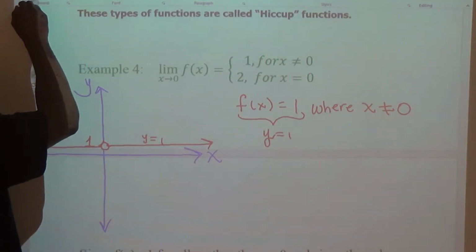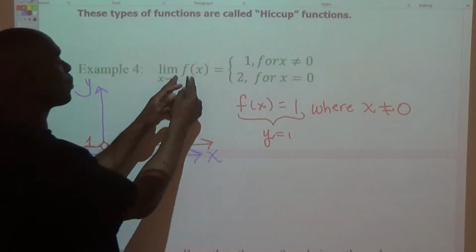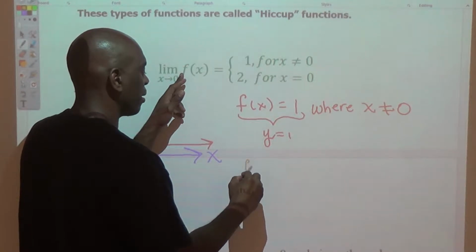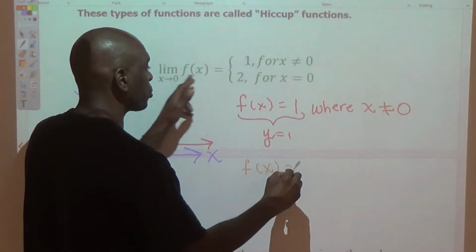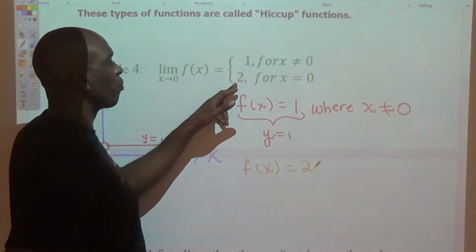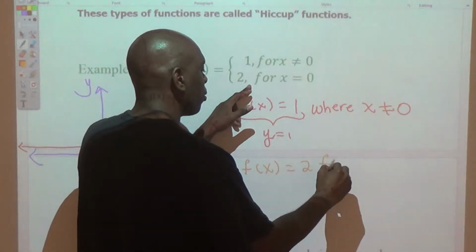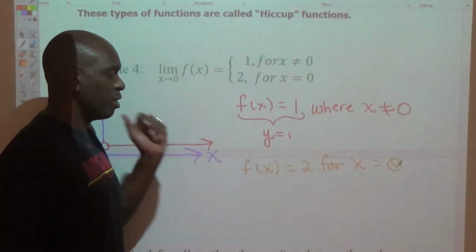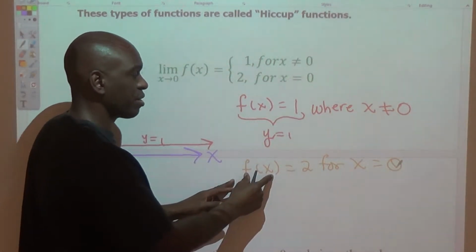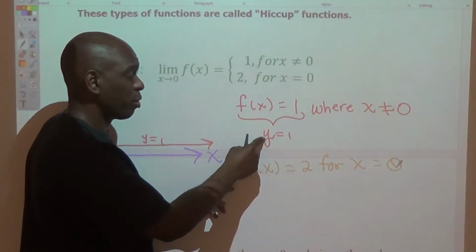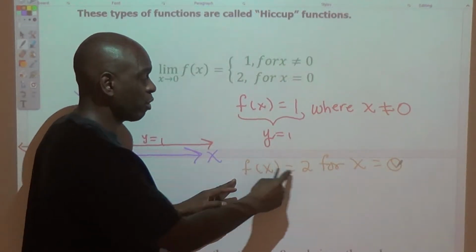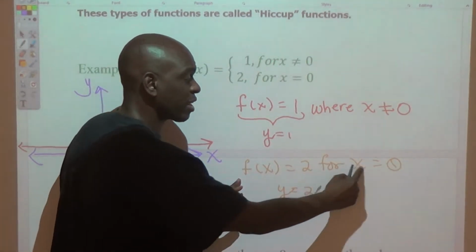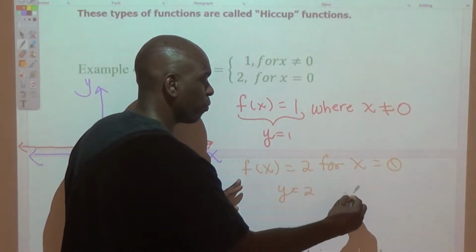Now let's consider the second one, which says f of x equals 2 for x equals 0. So this means f of x is the same as writing what variable? Y. So y equals 2. And what does x equal? 0.